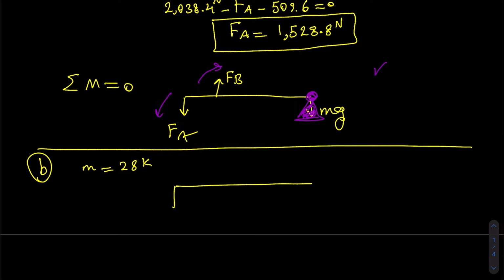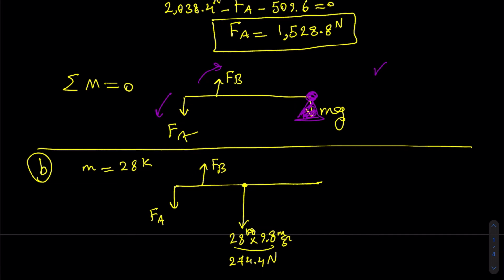We have FA towards down, we have got FB, and from the middle of the beam, the board, we have 28 kilograms times 9.8 meters per second squared, which will be equal to 274.4 newtons.